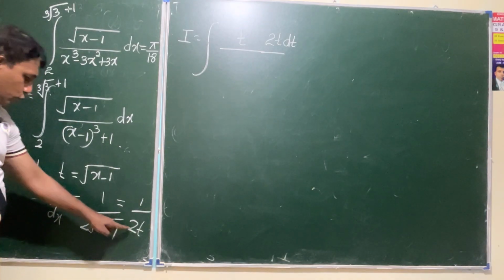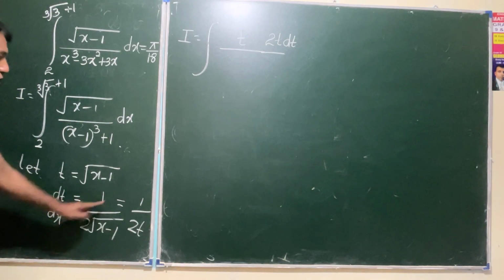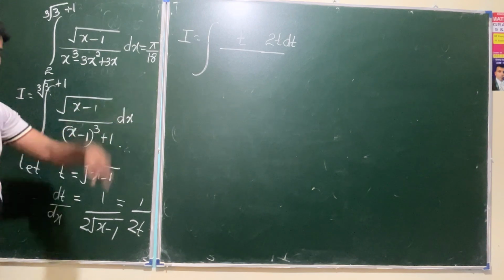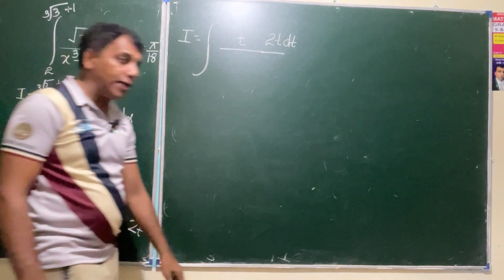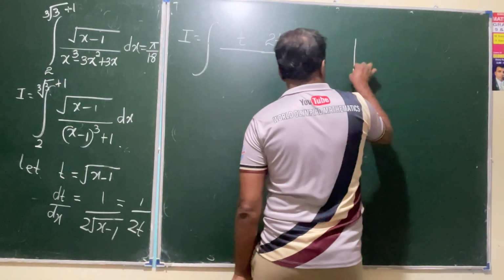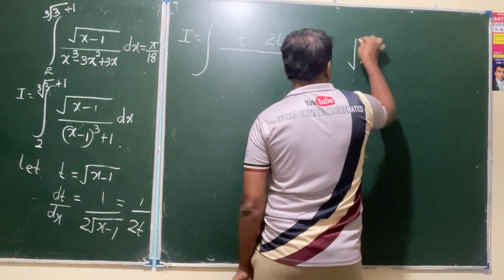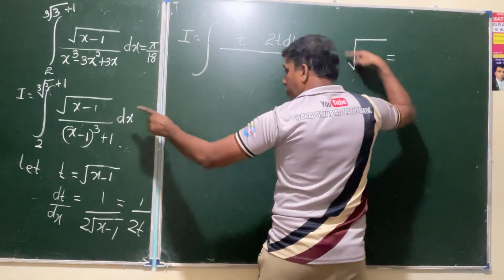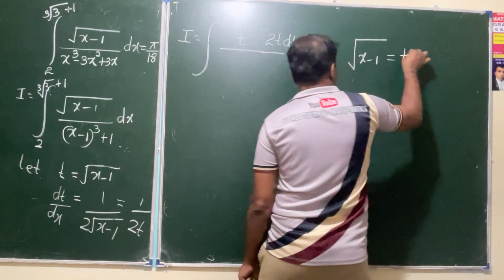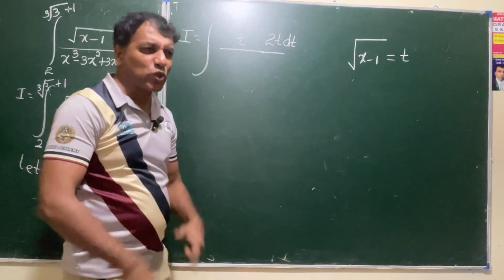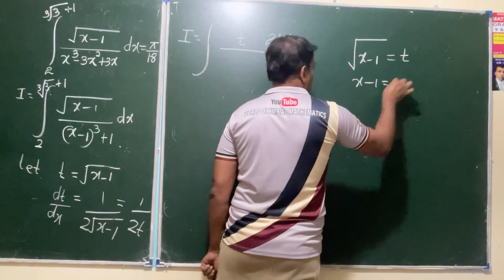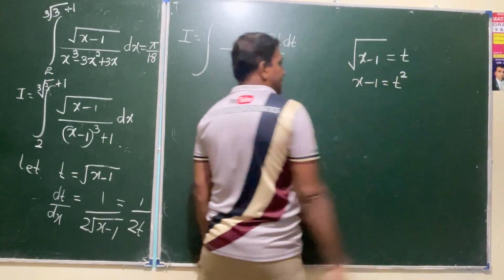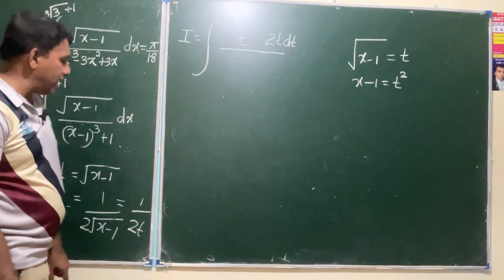What about x minus 1 cubed? Note this clearly: the square root of x minus 1 is t, so squaring it, t square is x minus 1.